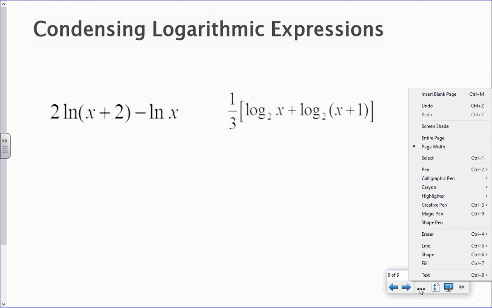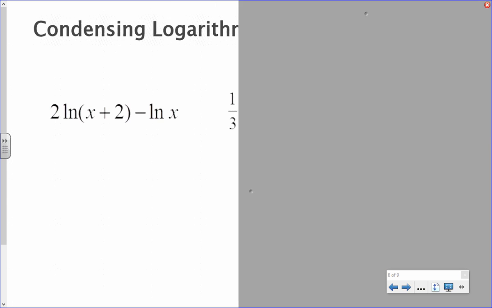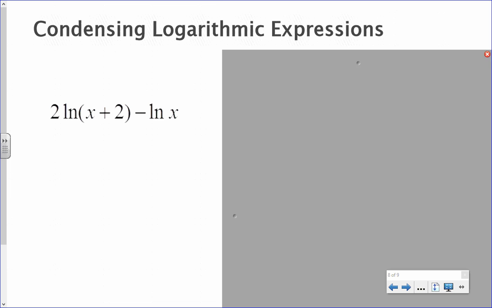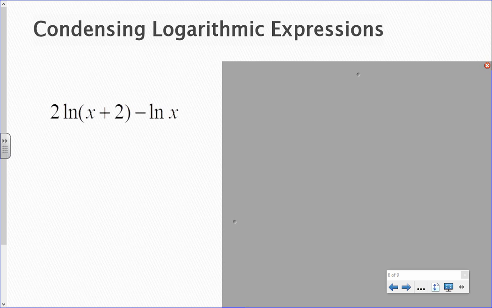Here, I'll do a screen shake so you don't get too overwhelmed. Okay, go ahead and write this example down. Okay, so the first thing that I would look for when you're condensing are any exponents.